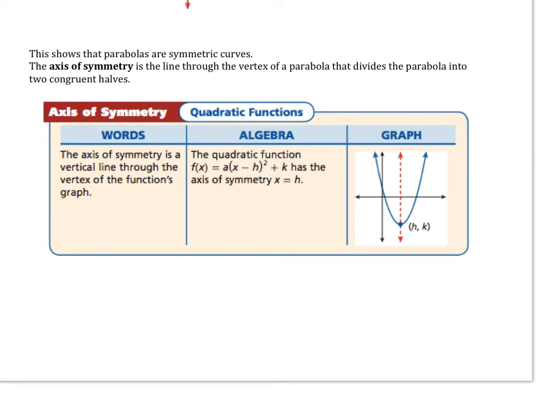So if I look at this graph of just some function a x minus h quantity squared plus k, and I draw the axis of symmetry, which is that line that divides it right in half, it goes through the vertex. The vertex is h, k, then that line would be x equals h, whatever the x coordinate is of the vertex.